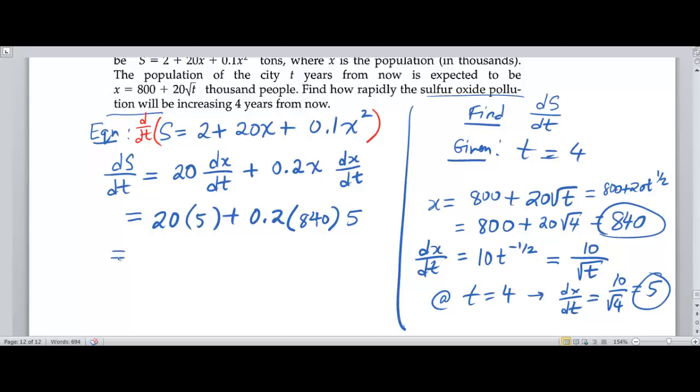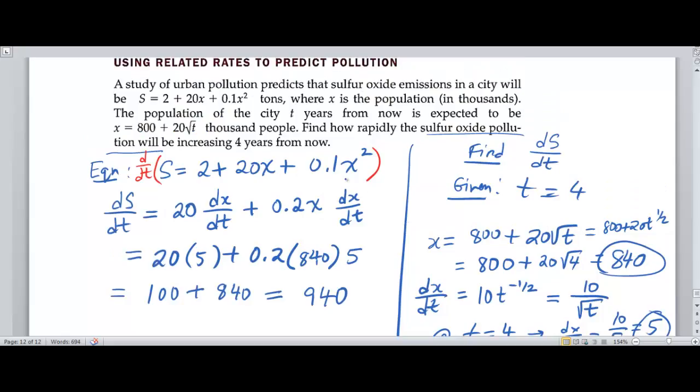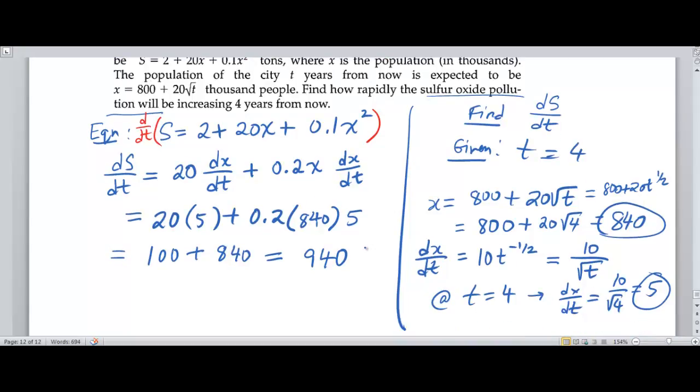So what does that give me? 100 plus 0.2 times 5 is 1 times 840, which is 840. So I get total 940. Okay. So what are my units here? Find how rapidly the sulfur oxide pollution will be increasing. That's in tons, and t is in years. So it's 940 tons per year.